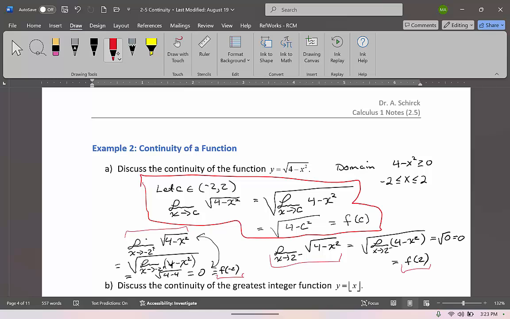And therefore, since the rule for continuity means the limit has to exist and it has to equal the value of the function, we have that this is actually continuous on its entire domain, which is from negative 2 to 2 inclusive. Okay, so it's continuous on its domain.